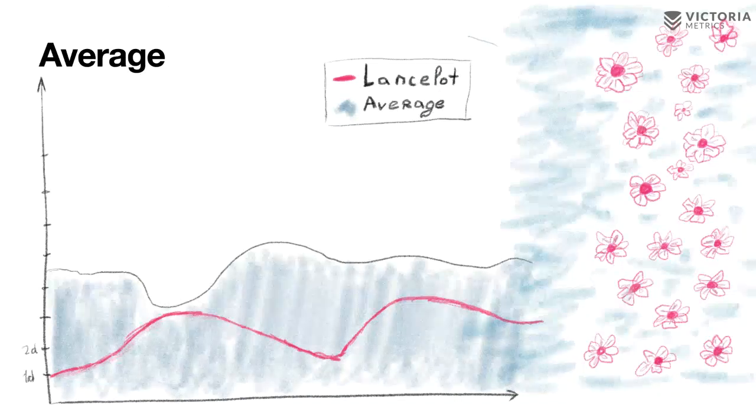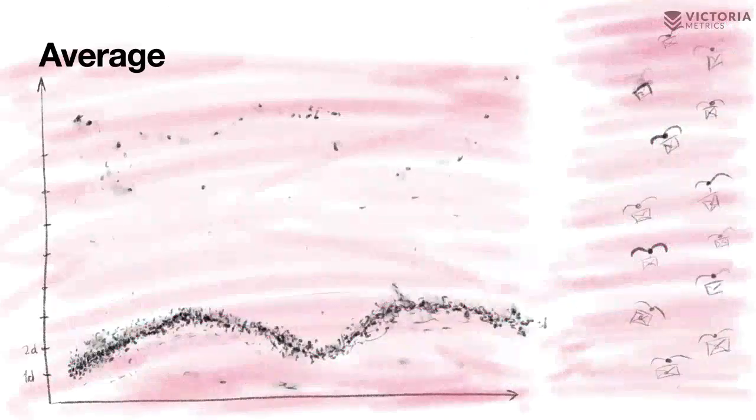He took another day or two for thinking and drew a really bad graph with all the time spent by all birds. So each dot represents the time spent by a bird to deliver a message.